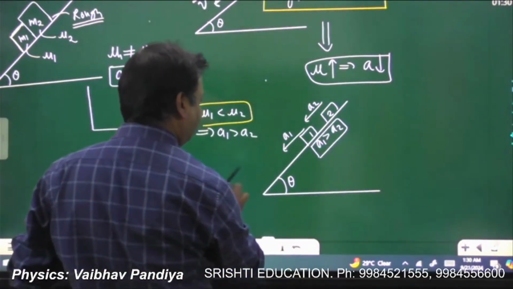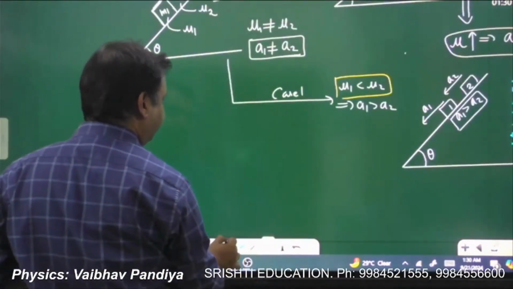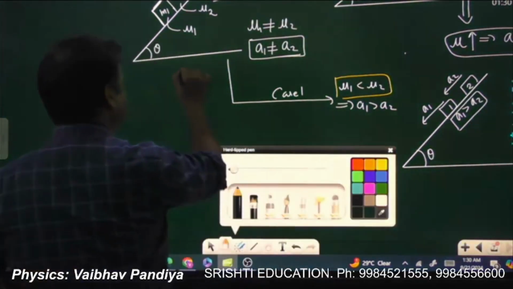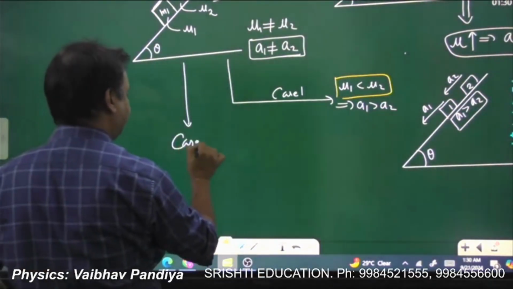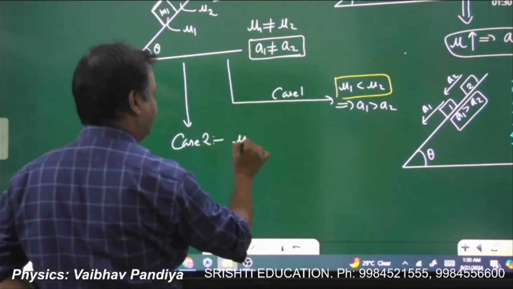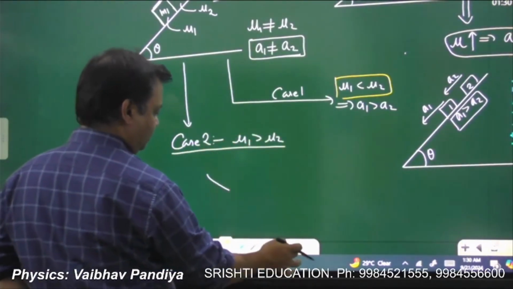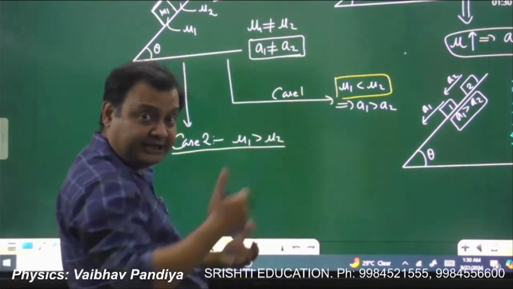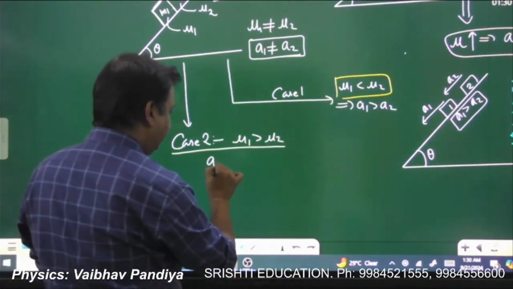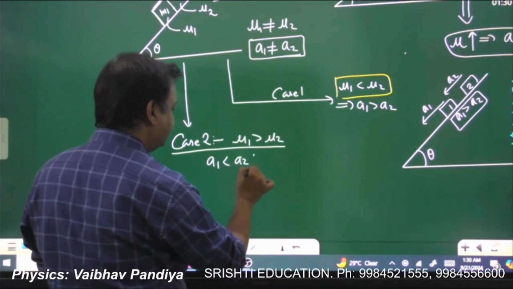Now see the second case. Case 2: if mu1 is greater than mu2, and if they were to come down independently, separately, then a1 would have been less than a2, correct?